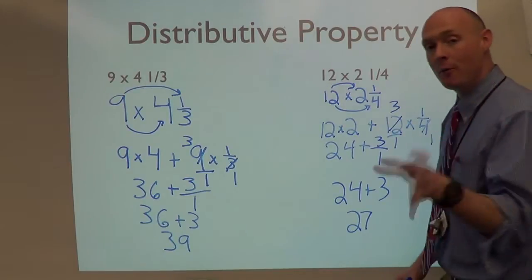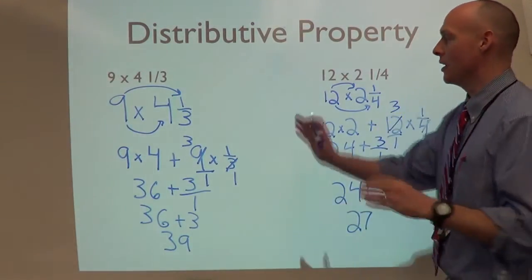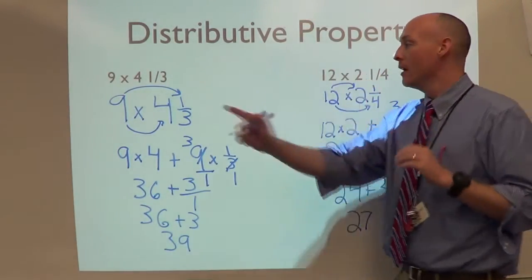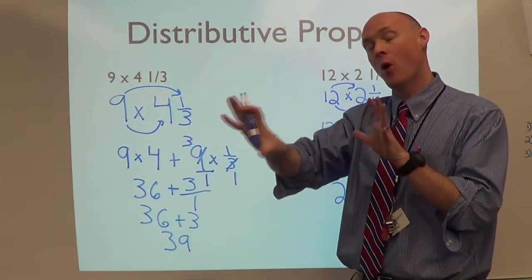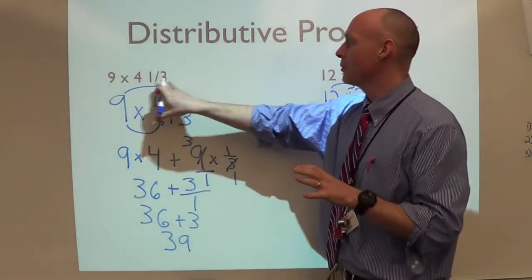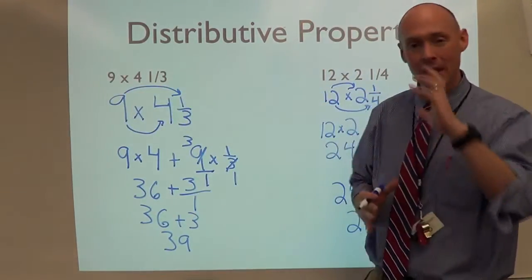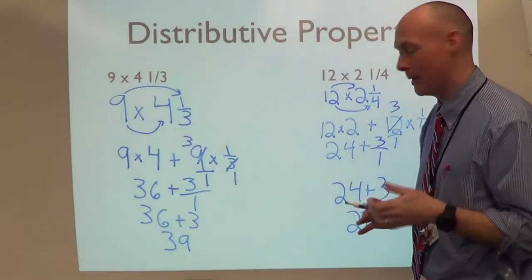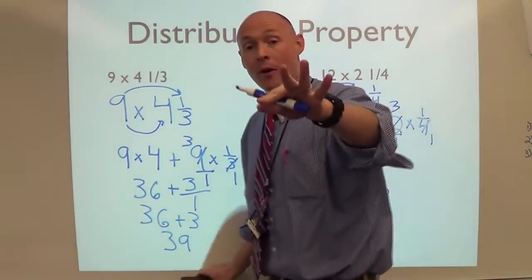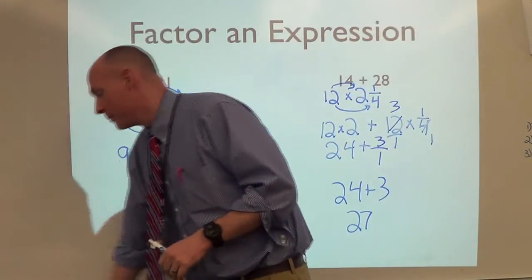Again, the distributive property just makes it a little bit easier. In this case you break off the whole number, so then you're left with the fraction. It's just a little easier way that maybe mentally it'll help you with fractions and mixed numbers.